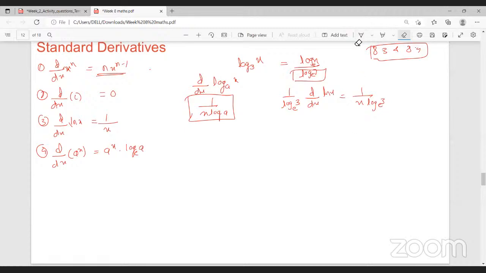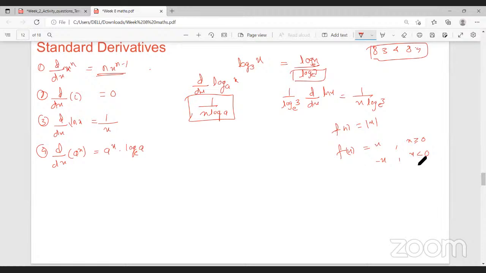Everything except 0 means either it is less than 0 or greater than or equal to 0. So my f of x will be x when x is greater than or equal to 0, and it will be minus x when x is less than 0. Right?